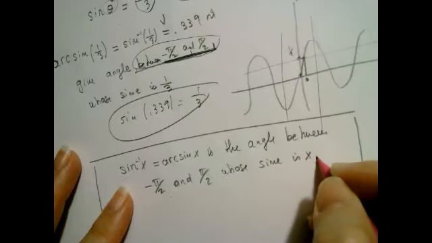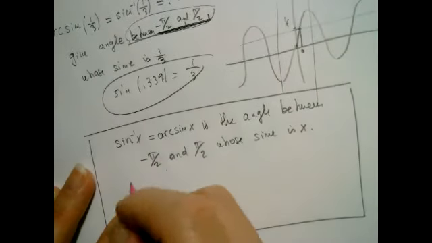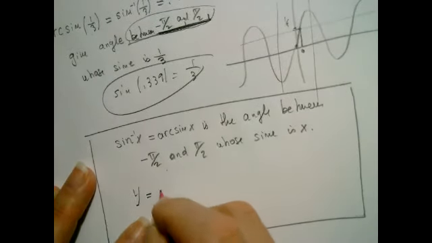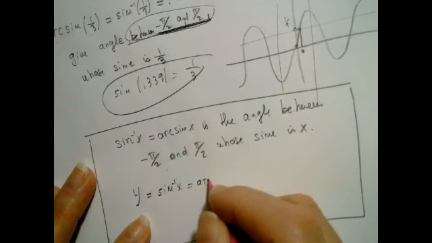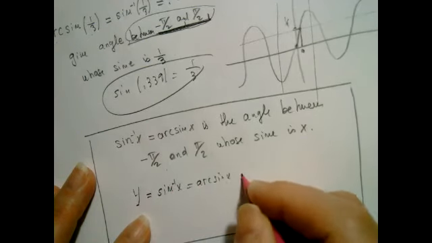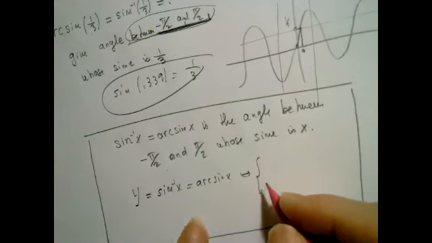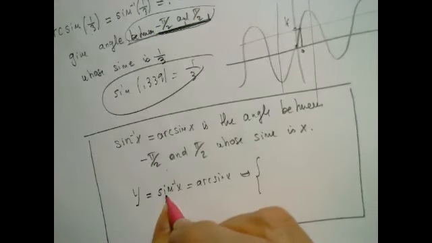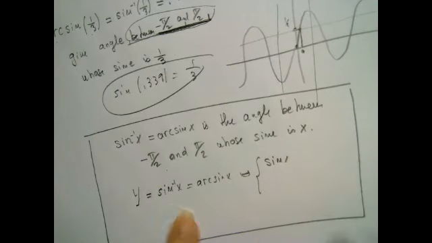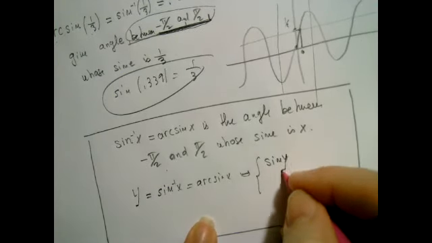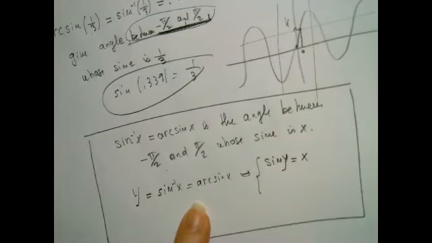is x. Okay, in other words, y equals sine inverse of x, or y equals arc sine of x, means that y is an angle whose sine is x. So it means that the sine of y is equal to x.